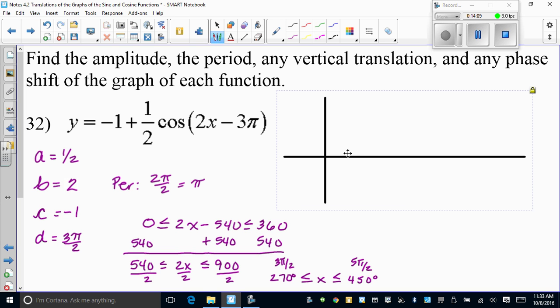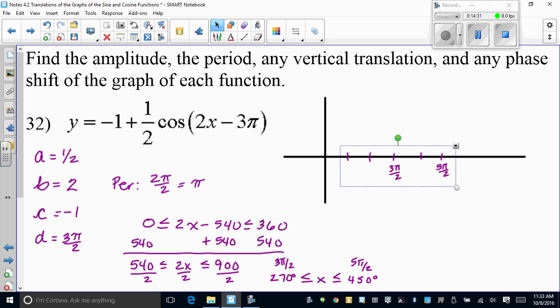So this will be 1 pi over 2, 2 pi over 2, 3 pi over 2, which is where we're starting, 4 pi over 2, and 5 pi over 2. My one just went a little bit too far to the right, so oh, they're all connected. Great. Well, we'll just deal. No, I'll erase. That one's too close to the others.